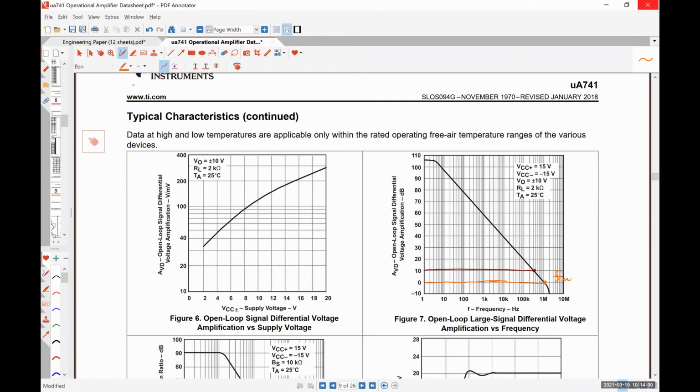In the textbook, there's a numerical example that if you use their numbers, you don't get the numerical answer they do, but if you use literally gain 1 times bandwidth 1 is equal to gain 2 times bandwidth 2, you get their answer rather trivially. The textbook says you have an open loop gain of 100 with a bandwidth of 1 megahertz, and you're trying to use that amp to get a closed loop gain of 16.